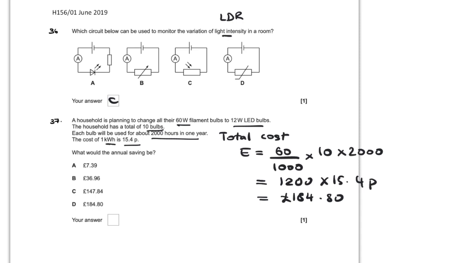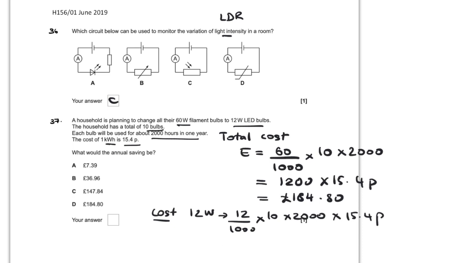Similarly, I can work it out for 12 watts. The cost with 12 watts is going to be 12 divided by 1,000, times 10, times 2,000, and I'm also going to times it by 15.4p at the same time. Let me work this out.